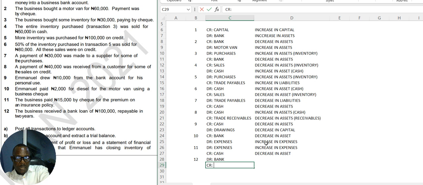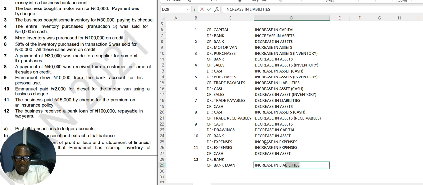Ordinarily we put it as bank loan. So there is an increase in liabilities here, while this one is an increase in assets.